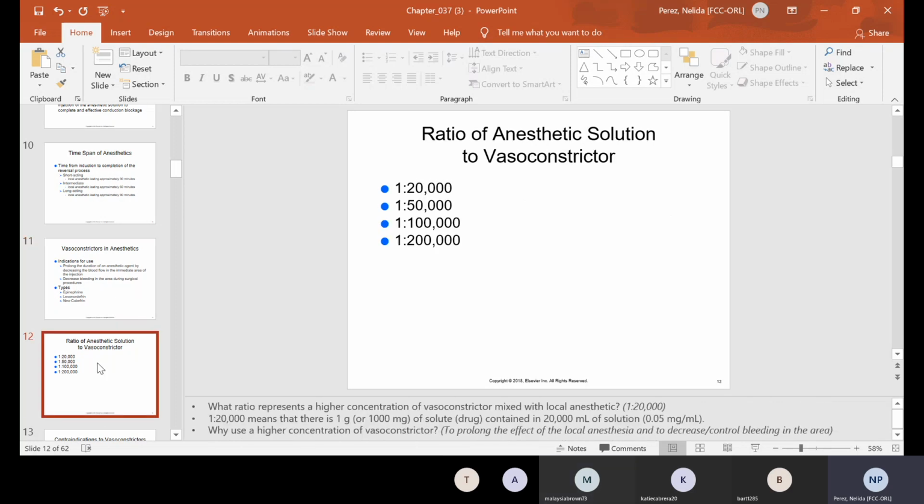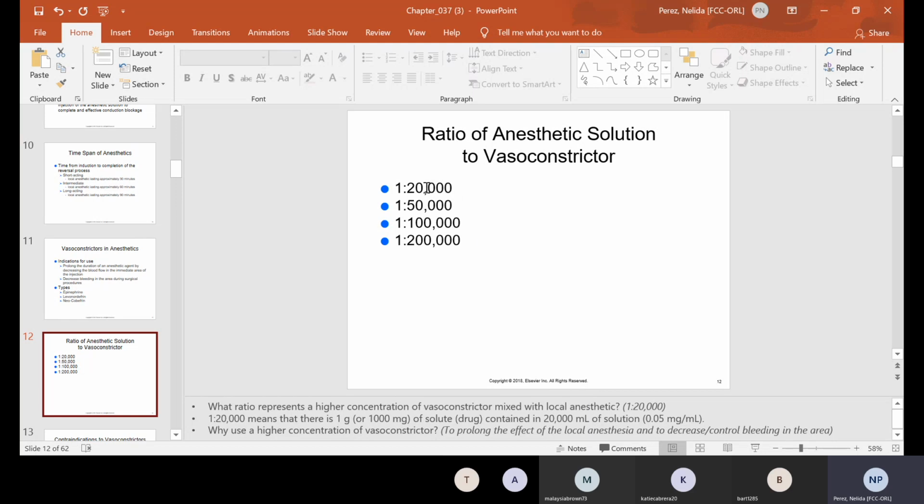Now, the anesthetic solution to vasoconstrictor ratio is different. So it all depends on which one you pick, okay? And these are some examples here. Basically, if you look down on the bottom here, it says what ratio represents a higher concentration of vasoconstrictor mixed with local anesthetic?